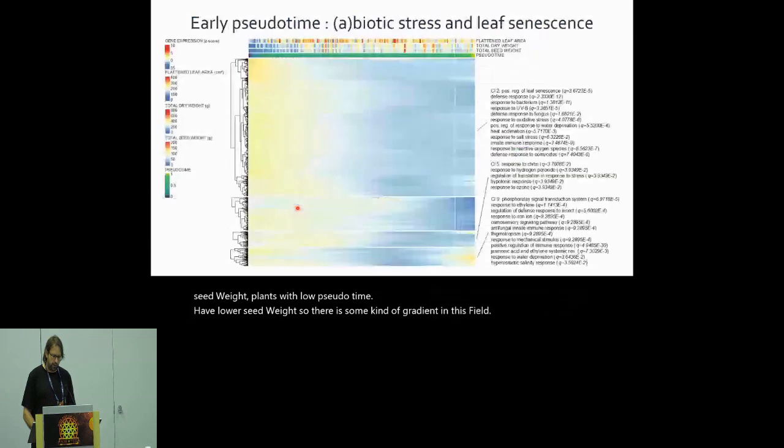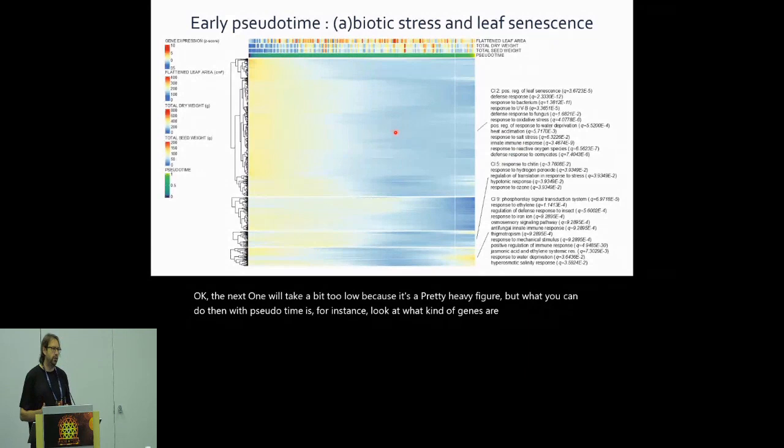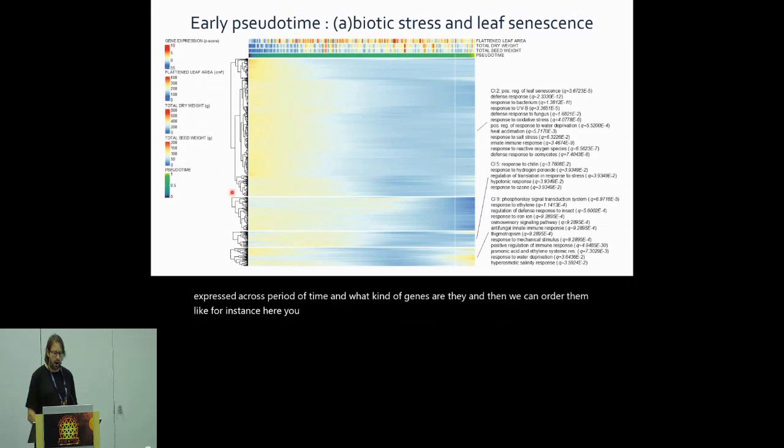Okay, the next one will take a bit to load because it's a pretty heavy figure. But what you can do then with pseudotime is, for instance, look at what kind of genes are differentially expressed across pseudotime and what kind of genes they are. And then we can order them, like for instance here. You have genes that are highly expressed in plants early on in pseudotime.